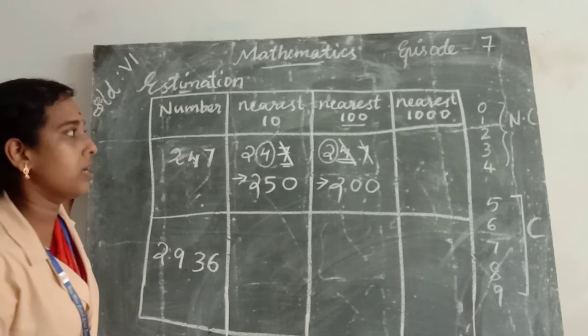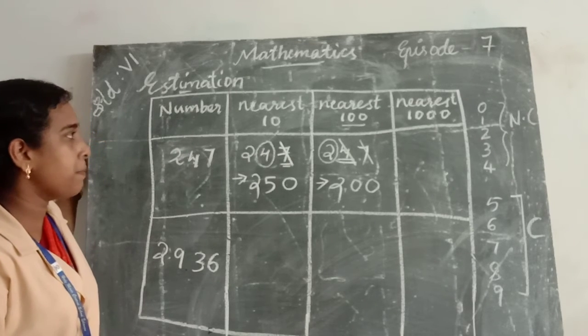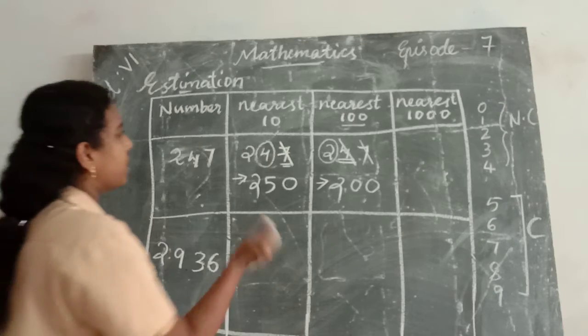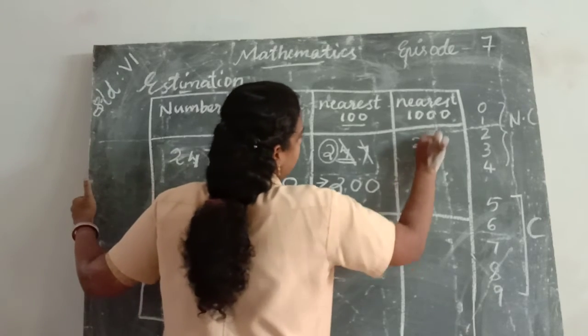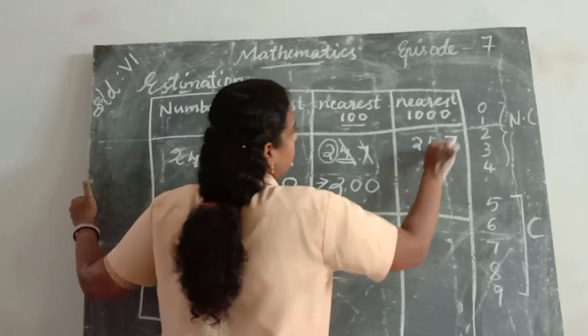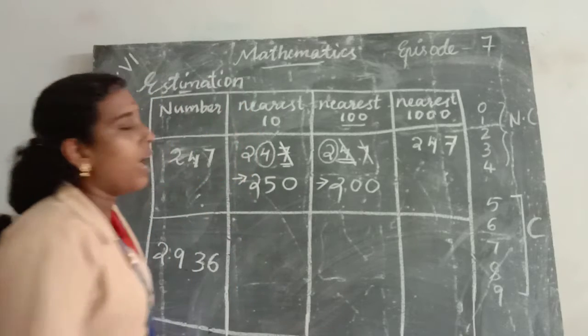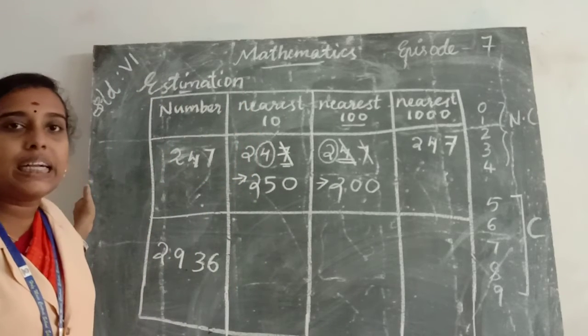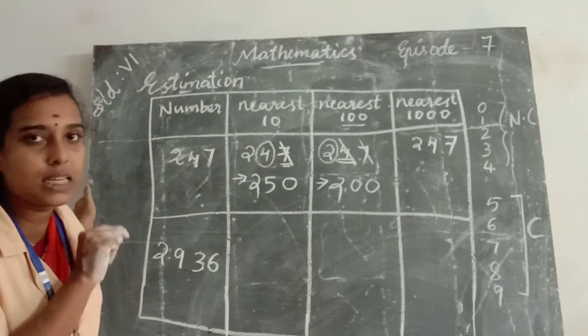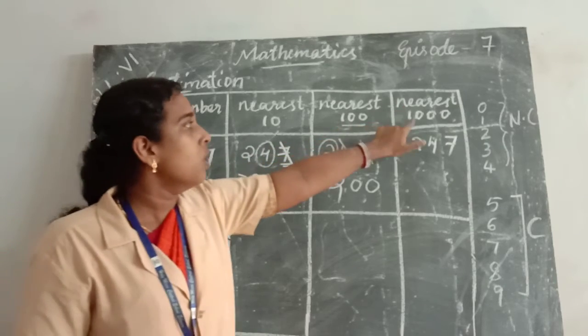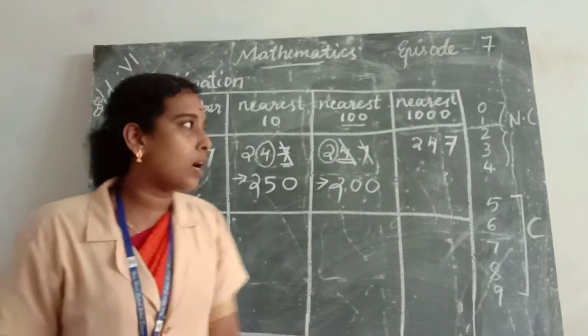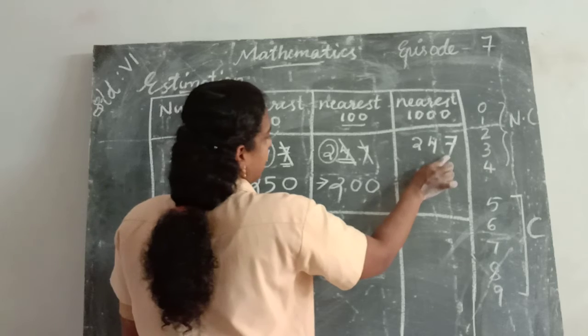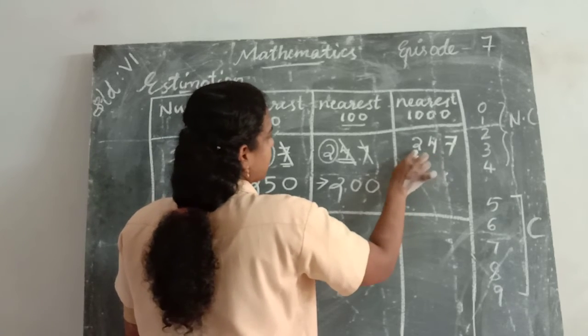In the same way, if you want to round the same number to the nearest thousand, we write the number 247, and we round the digit at the thousands position. Here the digits in the positions are ones, tens, hundreds.